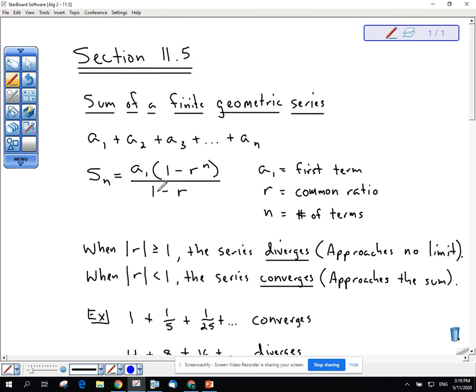That would be legal here in the denominator, but it would not be okay to do here, right? If it's negative 2 to the power of n, whatever n is, that number, whether it's positive or negative, gets subtracted from 1. If it's negative, then yeah, 1 minus negative. But if it's positive, it's 1 minus the positive value of that. A negative to an even power could become positive, right?